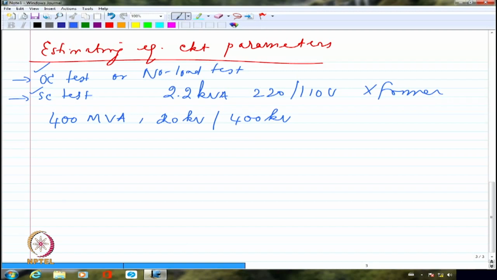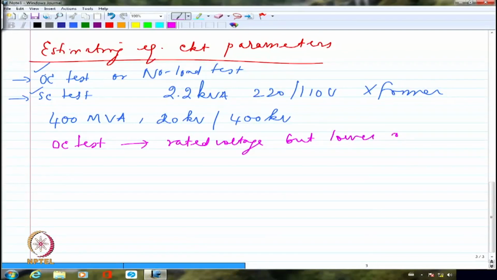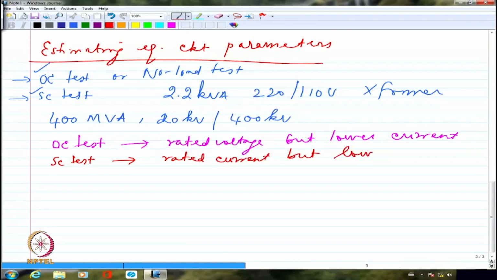What I mean is, in the open circuit test, you apply rated voltage but lower current. In the short circuit test, you apply rated current but lower voltage.